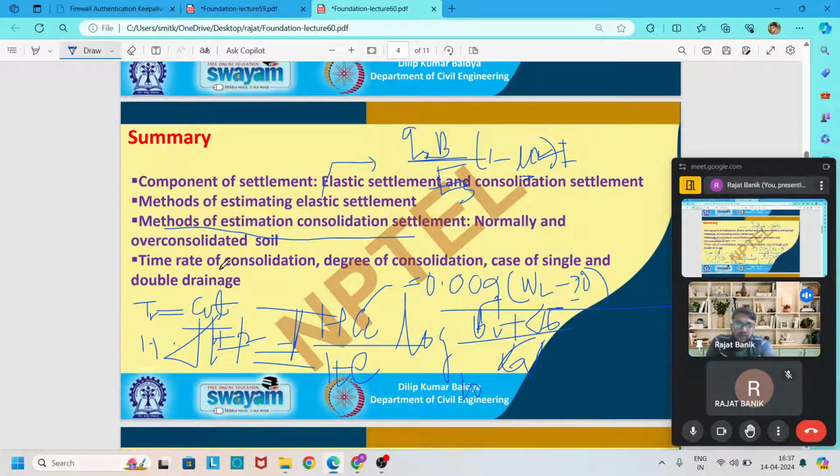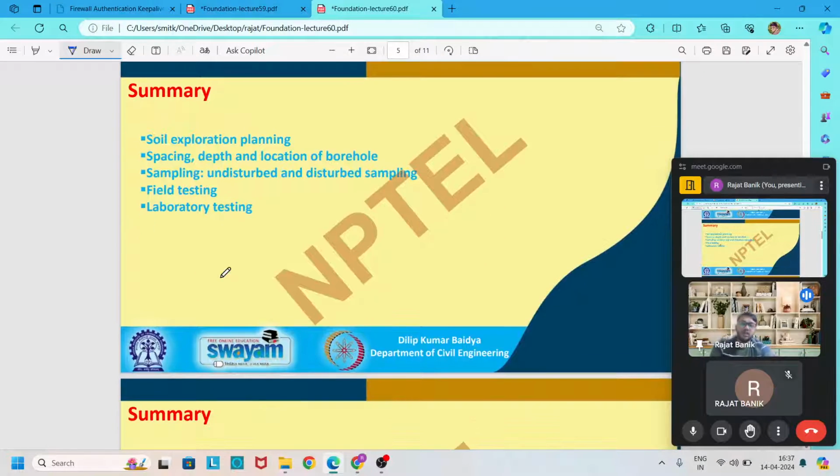How do we find out the consolidation? Then we study the different types of exploration of the soil to find out the properties of the soil, like engineering properties and characteristics. And here we study the SPT and CPT, and also the different types of samplers used to collect samples, like the Shelby tube.